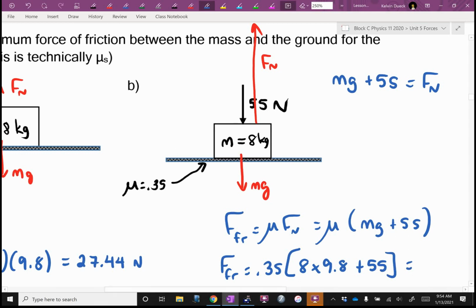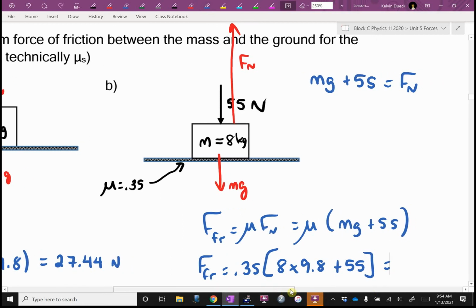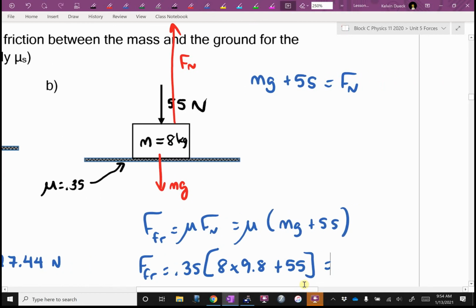Friction will be more in B. What do you get? Sorry? 46.7 even? 46.69?